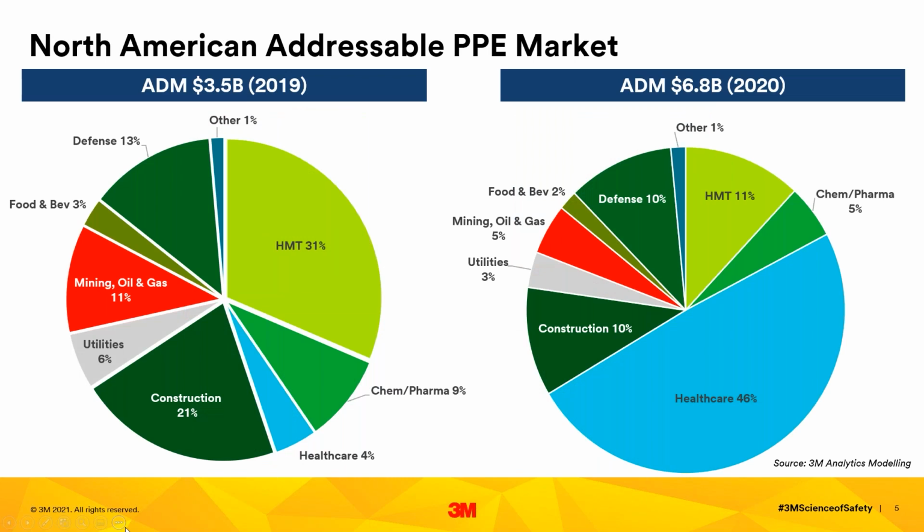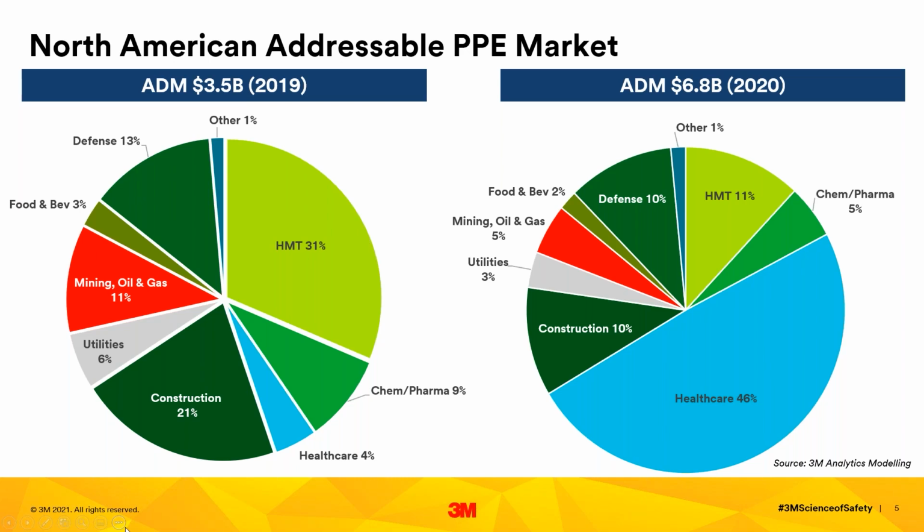We've done some really detailed modeling at 3M to try and get an appreciation for what the addressable market is for PPE solutions. We anticipate that the addressable market prior to COVID overall for all segments was about 3.5 billion. Of course, we saw a huge increase in that last year due to COVID, heavily skewed towards the healthcare industry.